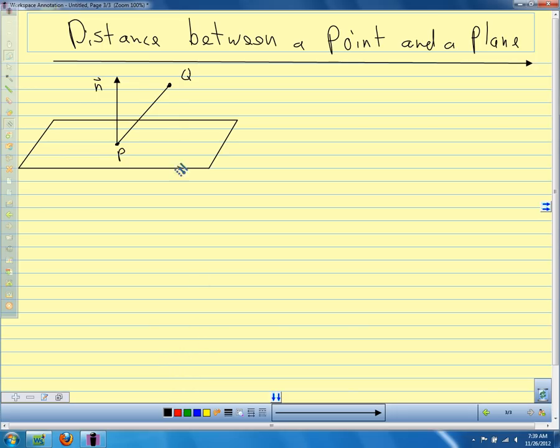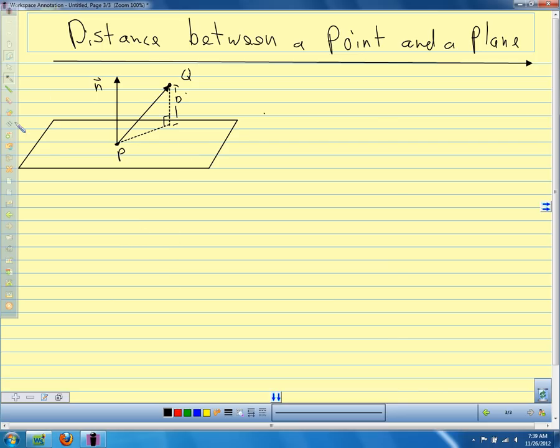And now I'm going to project this down onto the plane, like so. And I'm going to draw this little right triangle, and this is a 90-degree angle. And this is the distance that we're looking for, the distance between Q and our plane.